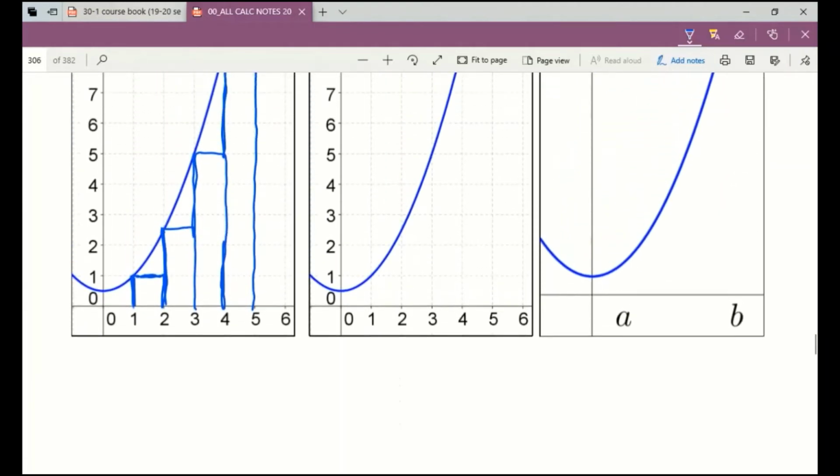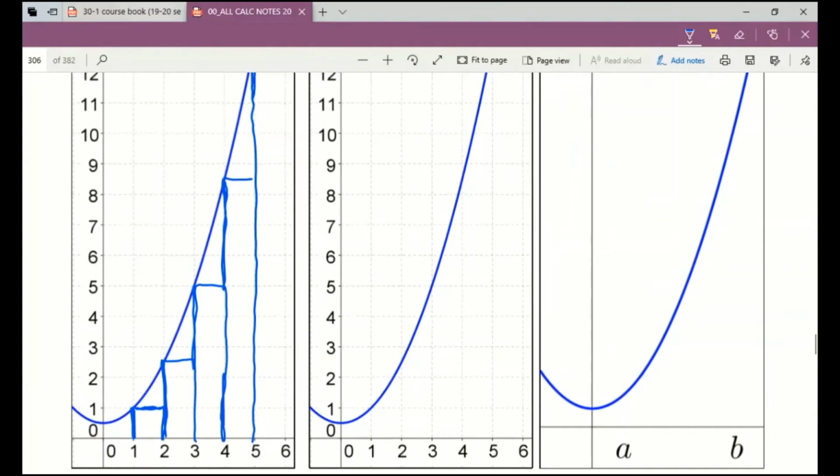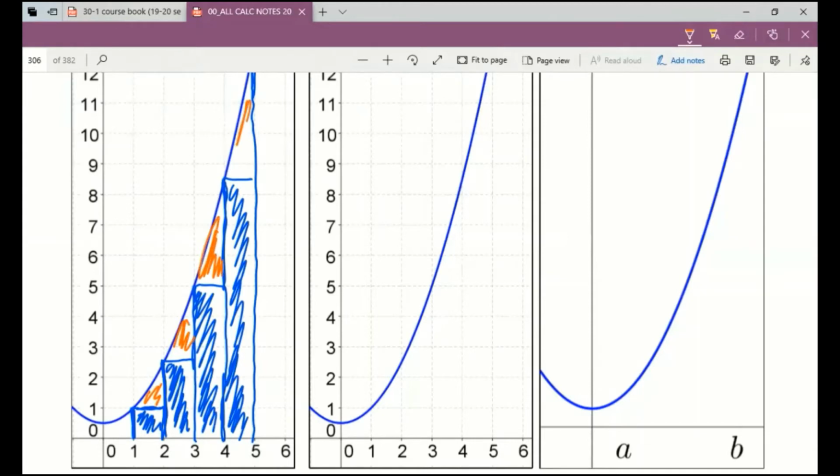Well, if we look at what's going on, it's going to be an underestimate, because if we added up all of these areas and got 17 for the sum, that's all fine and good, but we are missing large parts of our area here. We're missing all of that stuff that's in orange.